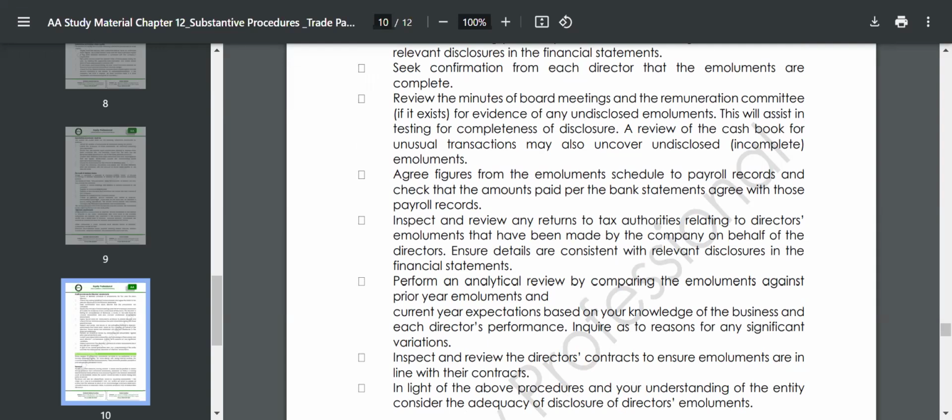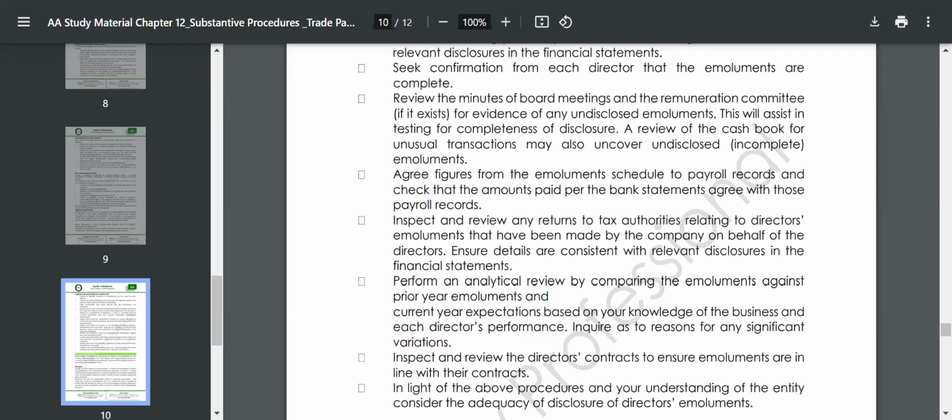And part of substantive procedure is analytical review or analytical procedure. What analytical review or procedure simply means is that you are comparing the prior year with the current year. So if, let's say, 500 million has been paid in the last 2 or 3 years for directors, you want to look at what happened that we are now paying 800 million this year.